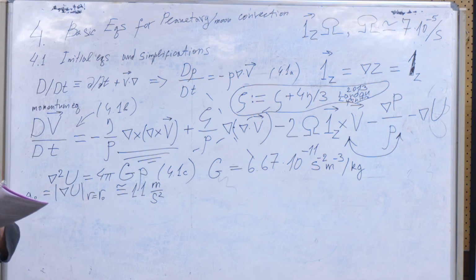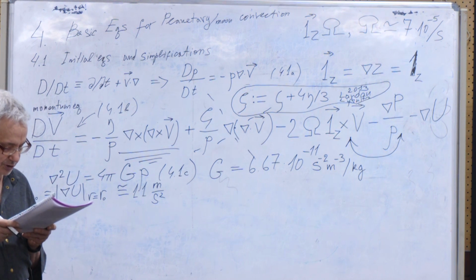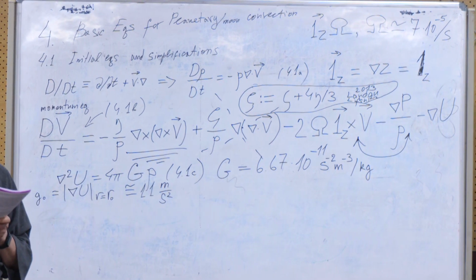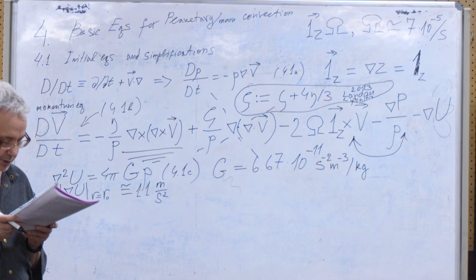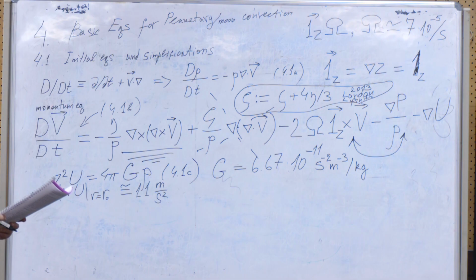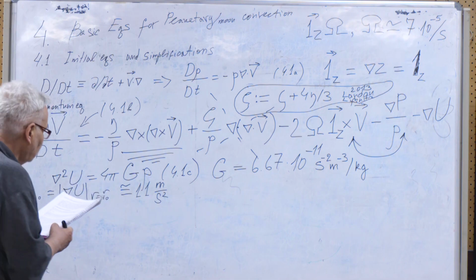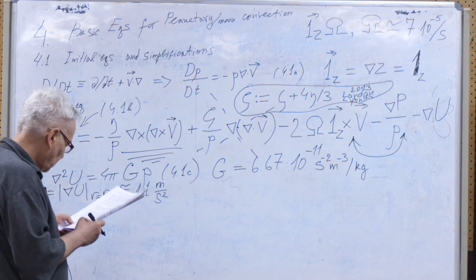So this is the value at the outer boundary of the liquid spherical shell, which I show you, in the deep interior of the planets or moon, of course. The spherical radius of this outer boundary is about 3,500 kilometers.